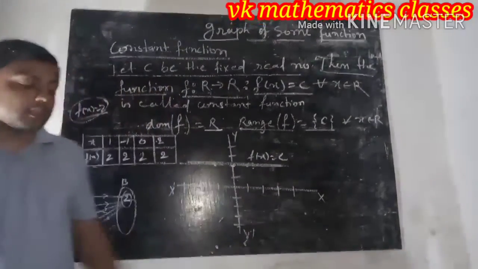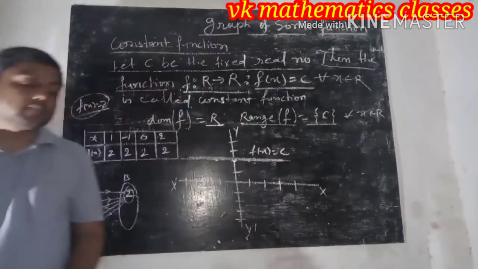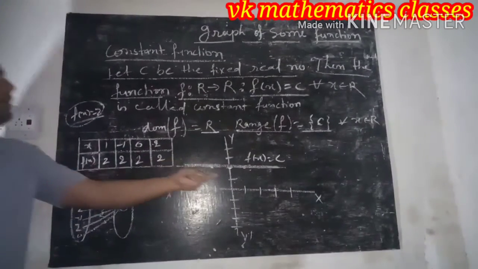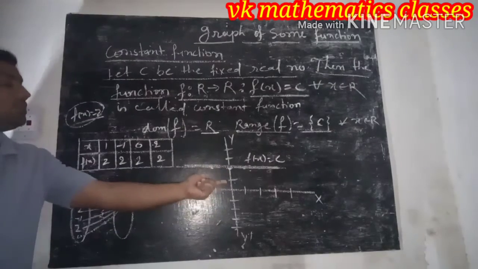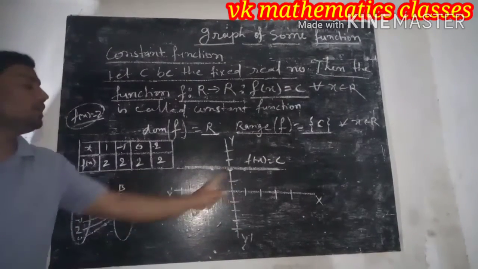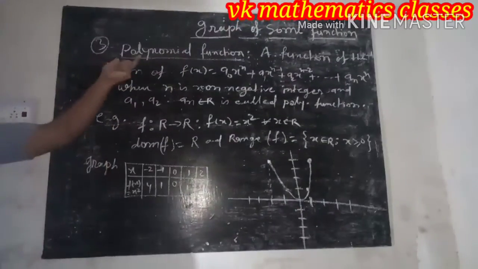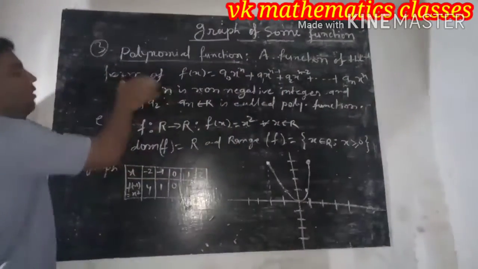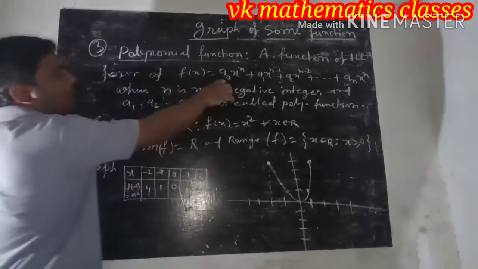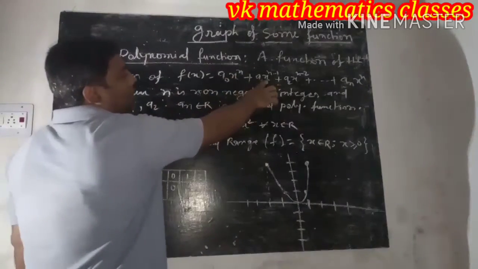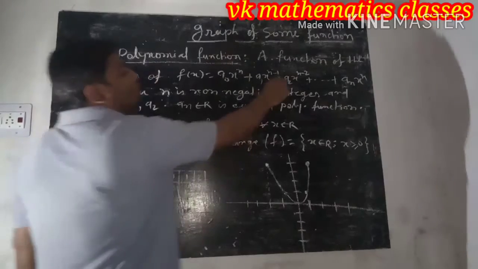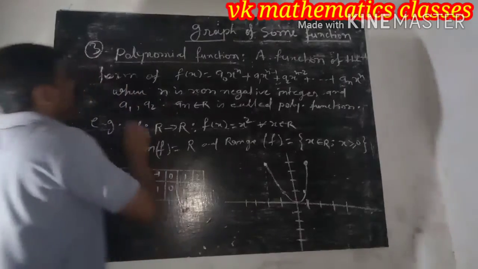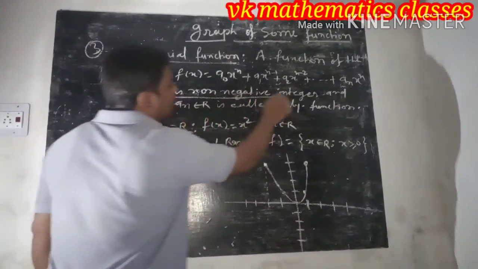Now we discuss the third function. Please note this is the graph of the constant function, taken as parallel to the x-axis. Next, the polynomial function: a function of the form f(x) is equal to a0 x^n plus a1 x^(n-1) plus a2 x^(n-2) plus so on, plus an, where n is a non-negative integer.